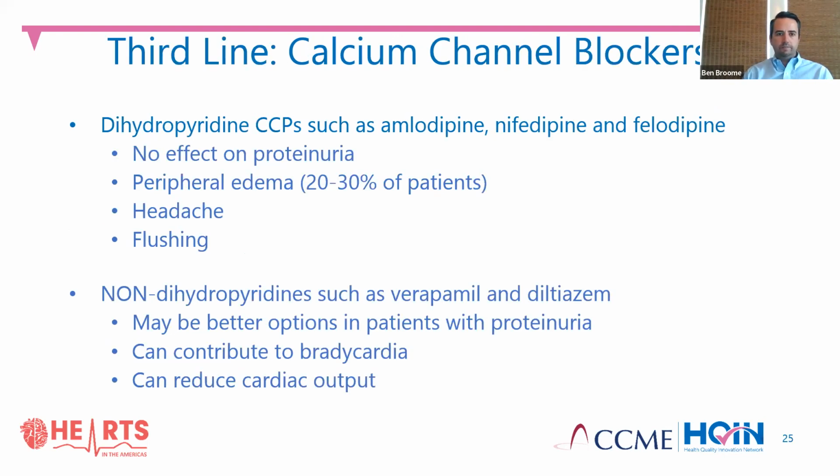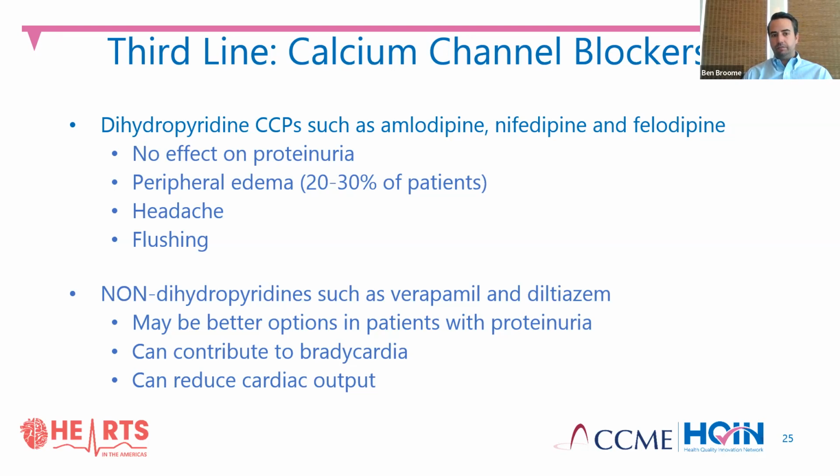Our next line of medications that, especially that I use, are calcium channel blockers. If you remember, there's two big classes of calcium channel blockers, the dihydropyridines and the non-dihydropyridines. The recommendation is to pick a dihydropyridine. Amlodipine, nifedipine, felodipine.